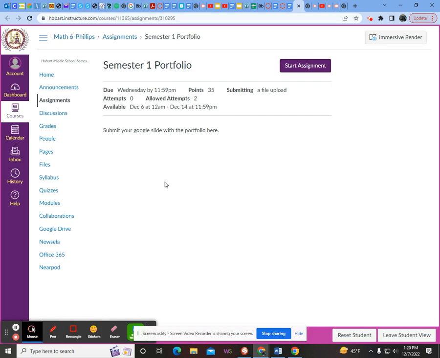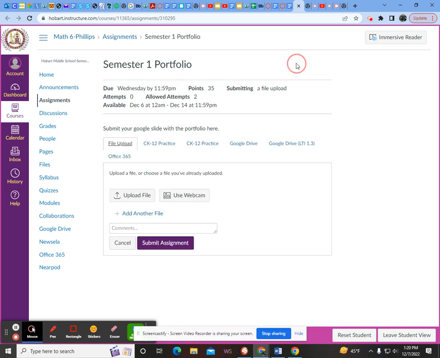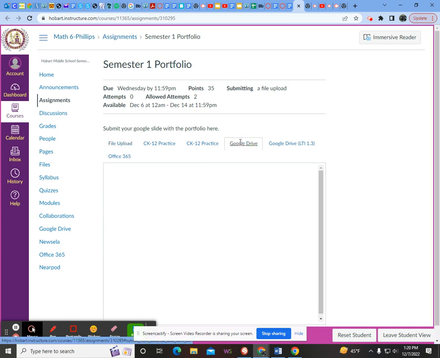When you click on the assignment, mine is not going to look right because I don't actually log in as a student. This is just a student view. You will click Start Assignment. Then you have to click on Google Drive. Once you click on Google Drive, there will be a search box.